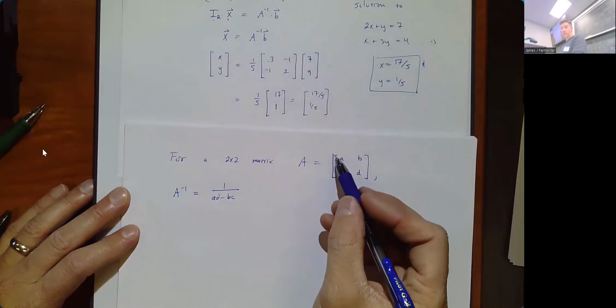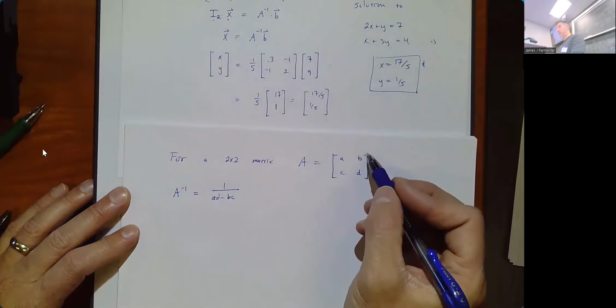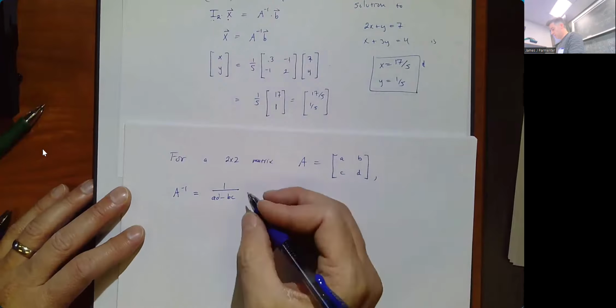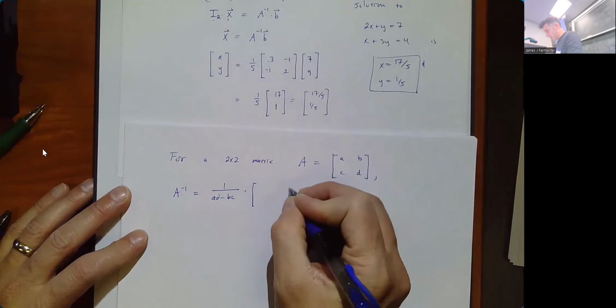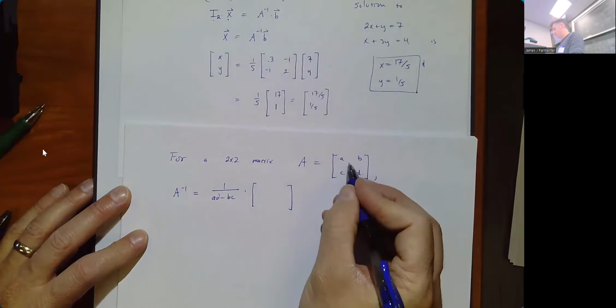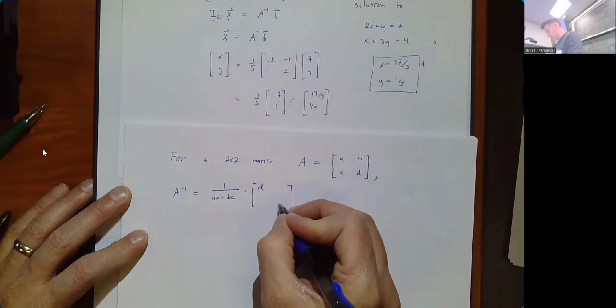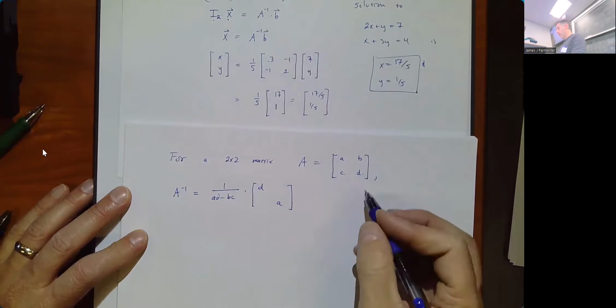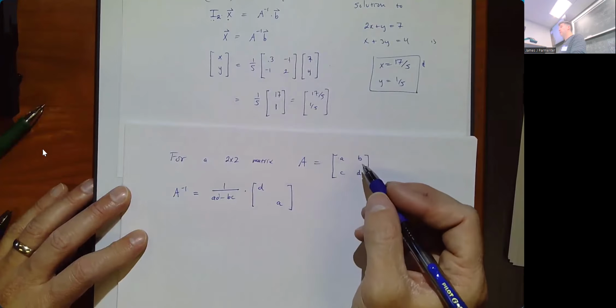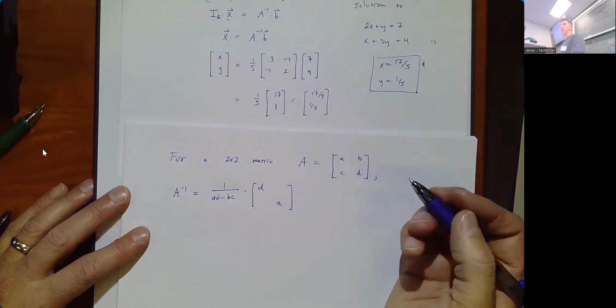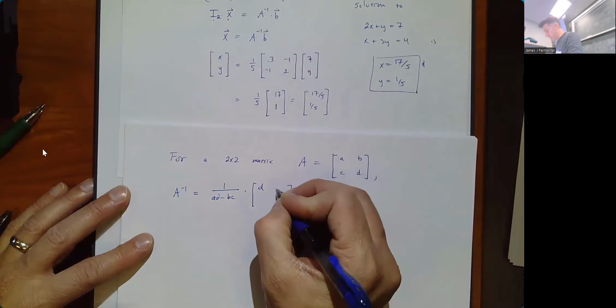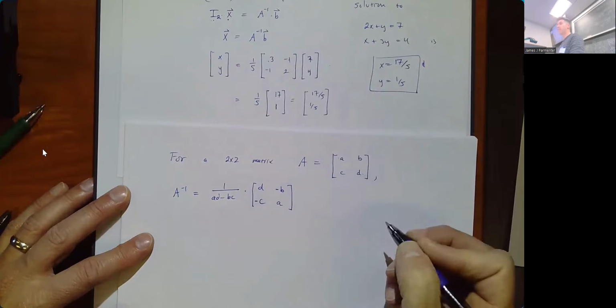That's the product of the diagonals minus the product of the off diagonals, times the matrix where you interchange the diagonals. So D goes there and A goes there. And the off diagonals stay in the same spot, but you change them to the opposite sign of what they were. So it's going to be negative B there and negative C there.